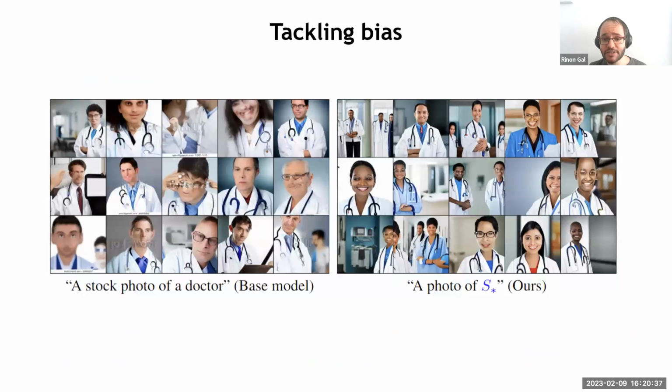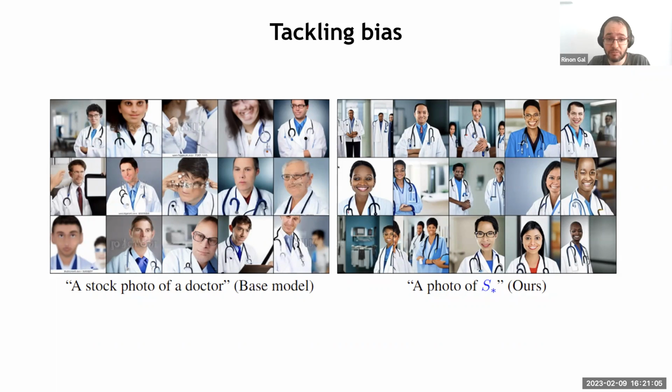time. Another use case is in fixing model biases. So for example, if you take LDM and ask it for stock photos of doctors, you get things that look like this, right? We get pretty much just white male passing images. What we can do instead is learn a new word for doctor, which was trained on a small, well-curated data set of images.